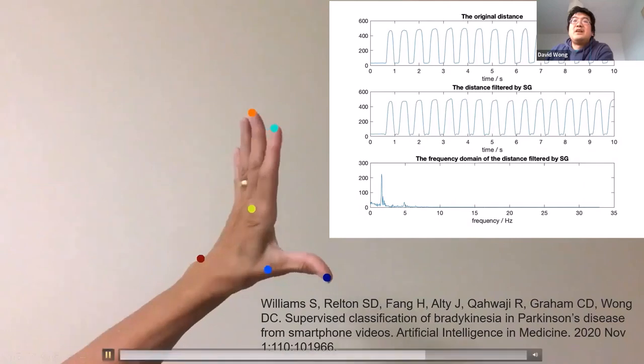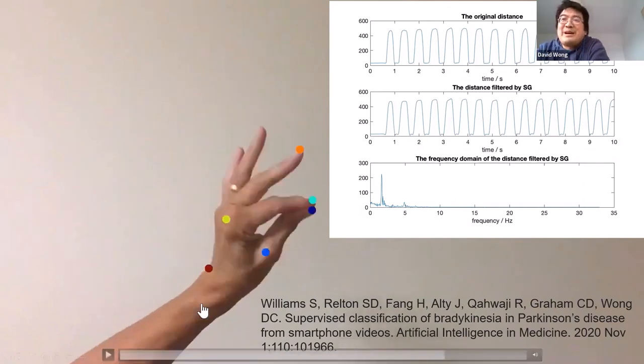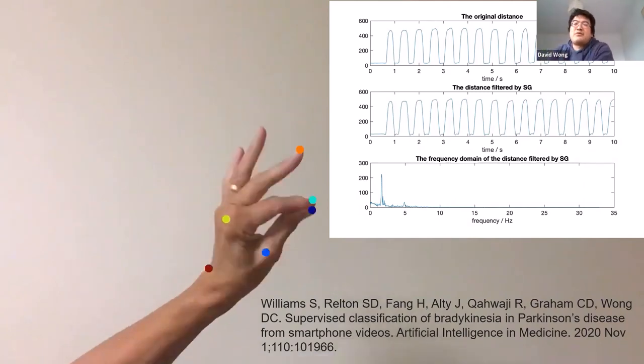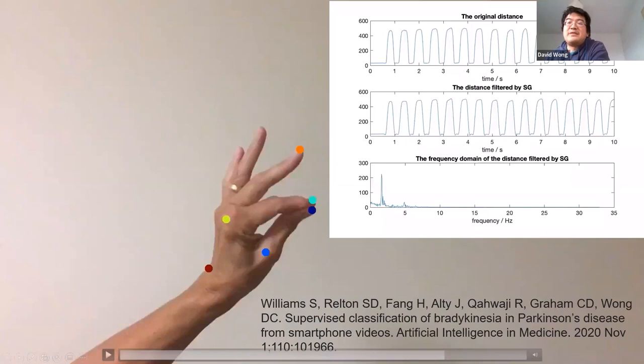Just going to pause that video so that my laptop doesn't freeze up. But our method relied on using a deep neural network to identify key points on the hand. And that was an architecture developed elsewhere called DeepLabCut, and it requires a human user to manually seed those interesting points, and then it tracks those points over time.